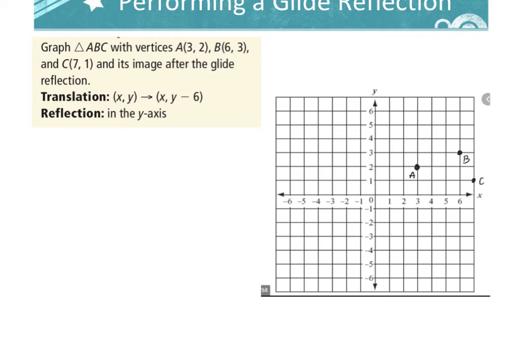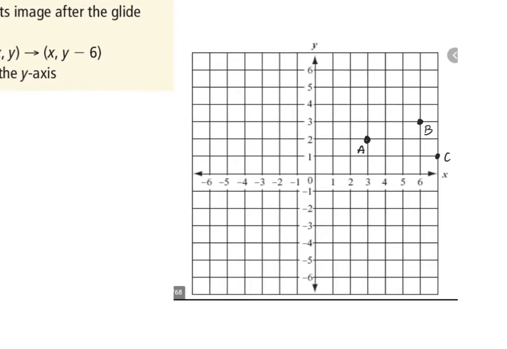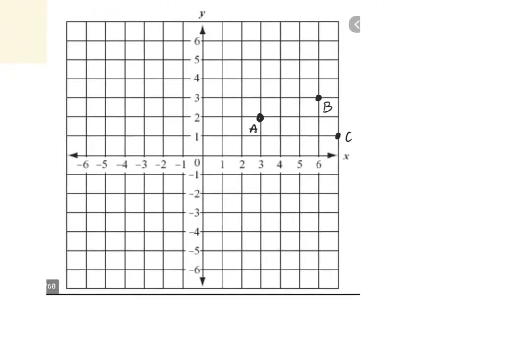Our first translation is we're going to not change the x coordinates at all, and we're just going to move all of the y coordinates down 6. So we're going to shift this down 6 units. So our C prime is going to be down 6. 1, 2, 3, 4, 5, 6. This will be our C prime. Our B prime is going to be down 6. 1, 2, 3, 4, 5, 6.